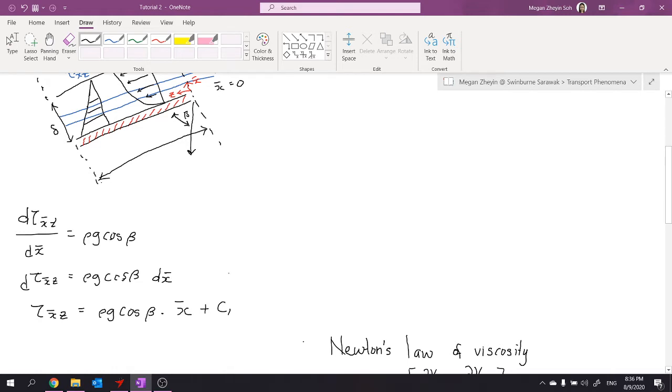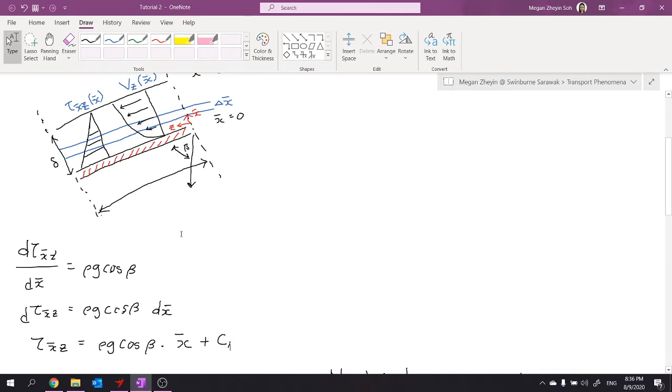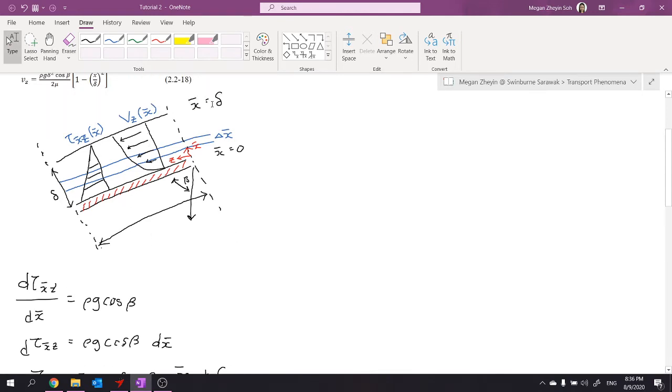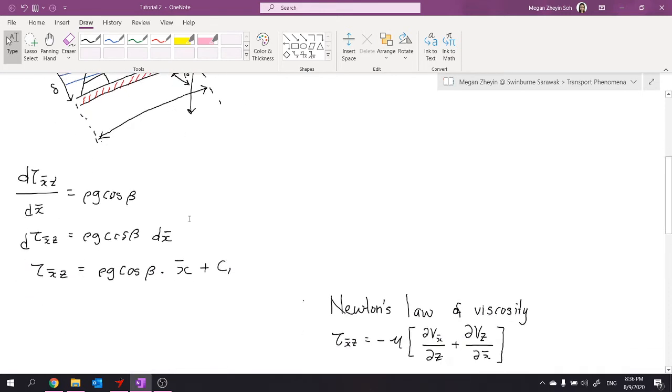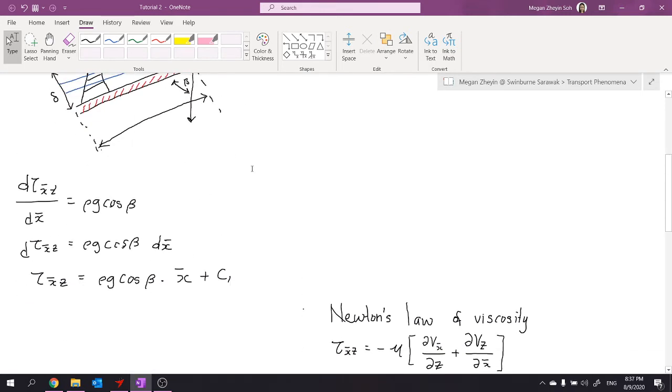In this case we know that at x bar equals delta, which is this line, tau xz equals 0. So this is your boundary condition.